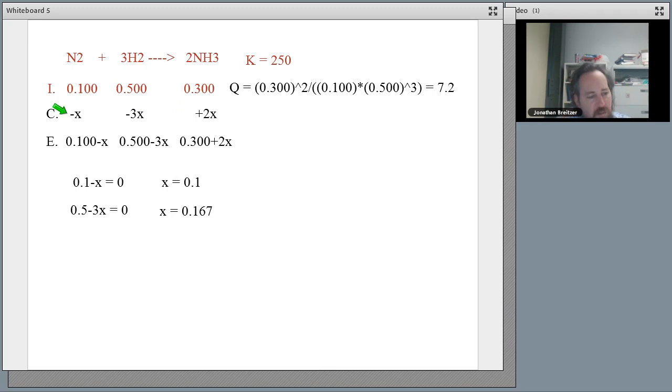Also, it's possible, in fact very frequent, that one of the concentrations that you have initially is 0. And you know it's 0 because the problem will either tell you it's 0, or it's simply not mentioned at all. The problem might say a certain amount of nitrogen and a certain amount of hydrogen are mixed in a tank, with no mention of ammonia initially. In which case you just assume that it's 0.